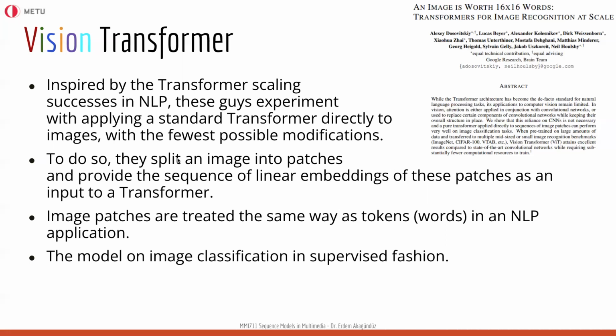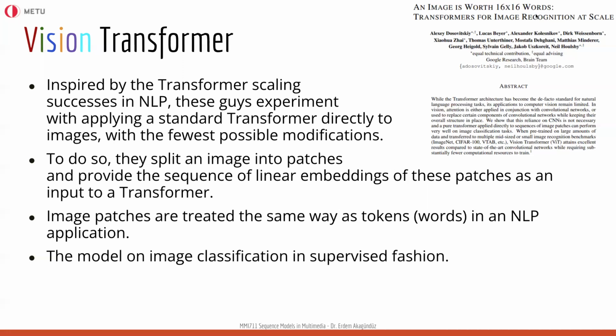They split the image into 16 by 16 patches, and using these patches as a sequence in the spatial dimension, they fed it to a transformer. And the name of the paper is again very nice, guys. The paper is again from Google: An Image is Worth 16 by 16 Words. You know what they say, an image is worth 1,000 words.